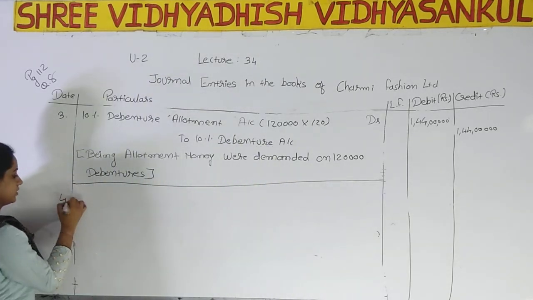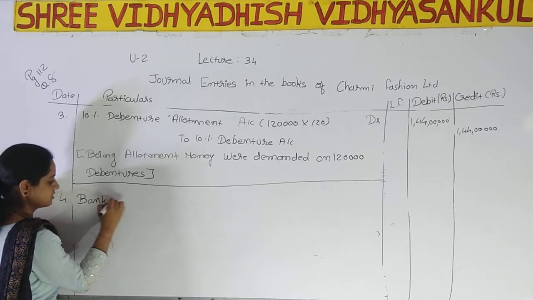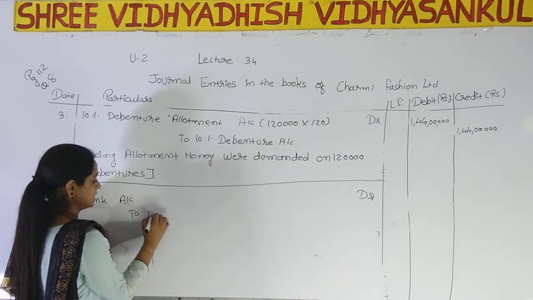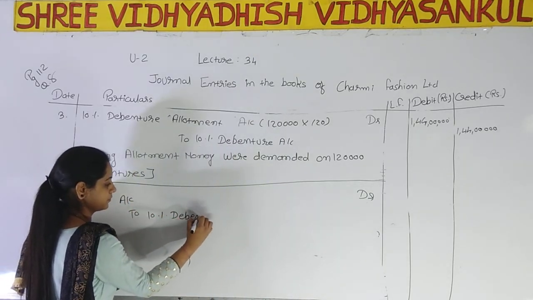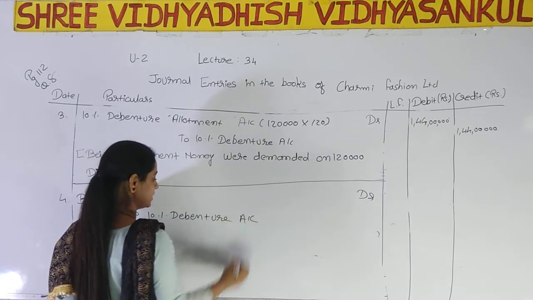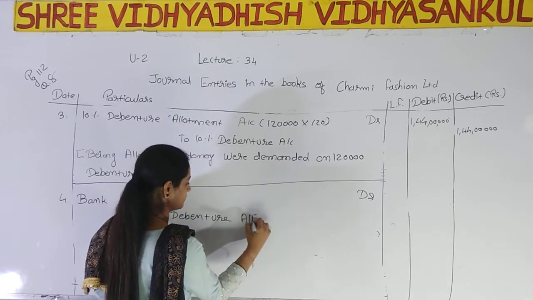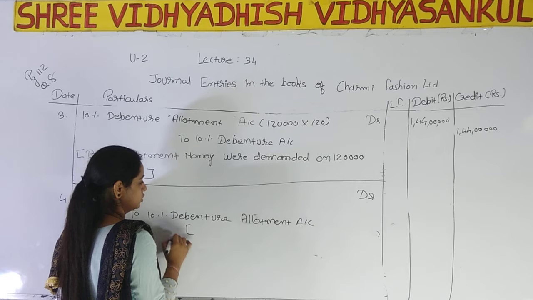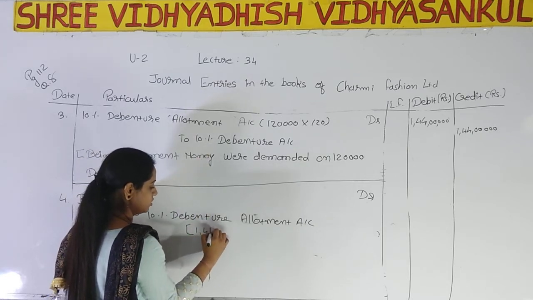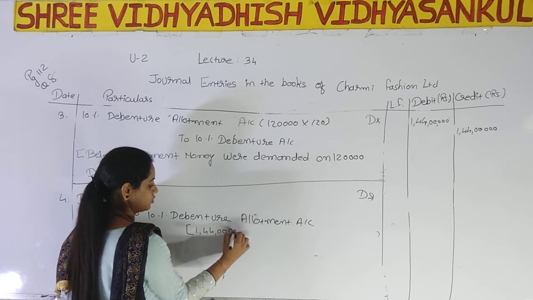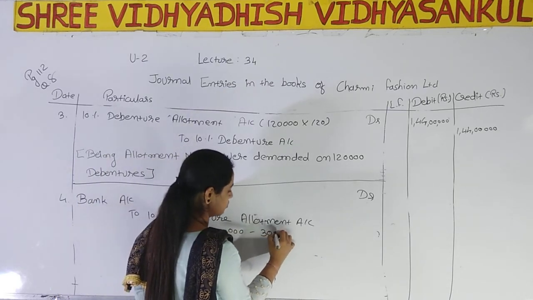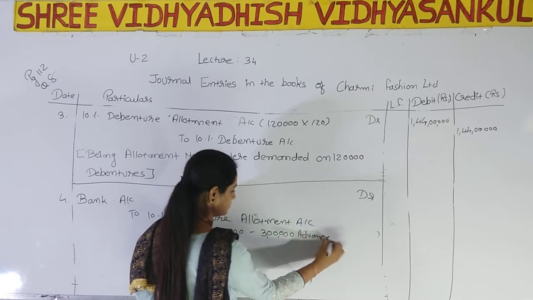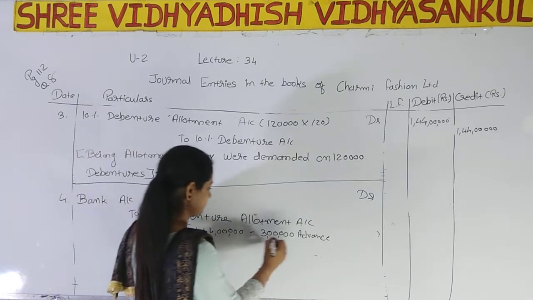Then the fourth one will be bank account debit, receiving entry, right? To 10% debenture allotment account. But see, total we have demanded 1 crore 44 lakh. Out of that, we have received 3 lakh rupees advance, right? 3 lakh or 30 lakh? 30 lakh.